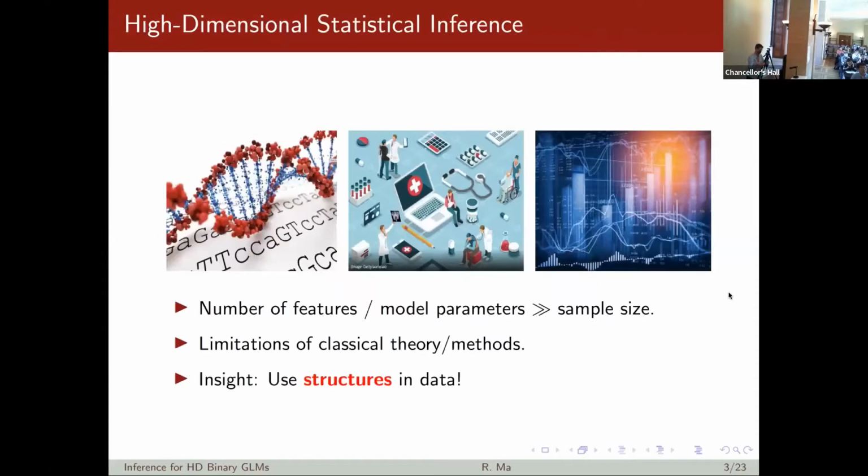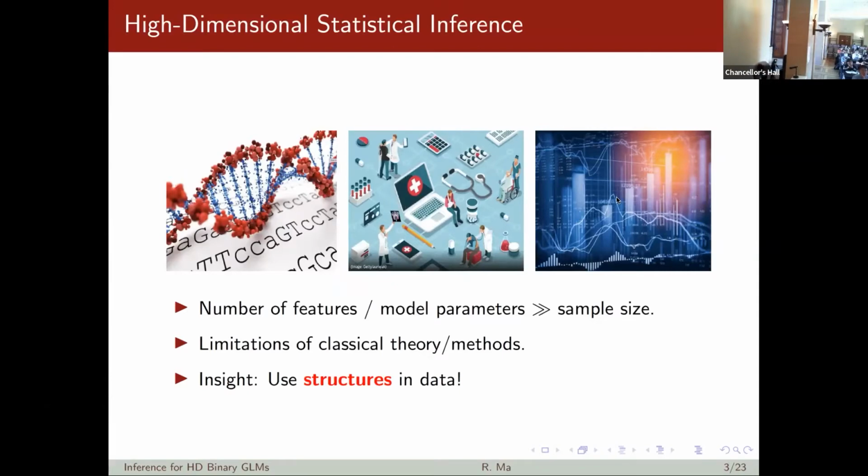Okay, so the increasing availability of large and especially high-dimensional data sets has been witnessed in many research areas so far, ranging from genetics and biomedical clinical research to finance.